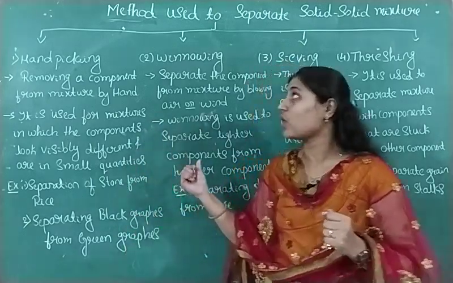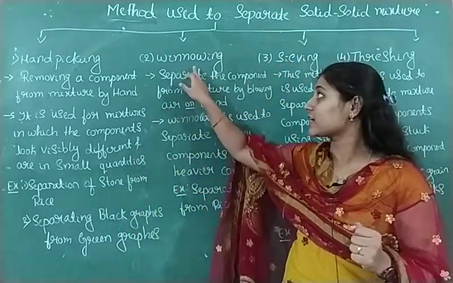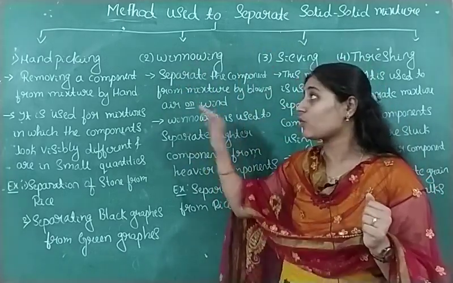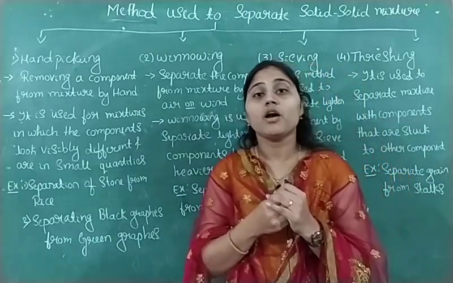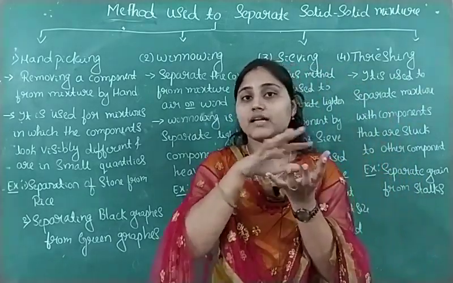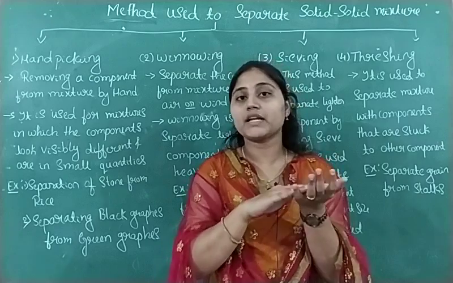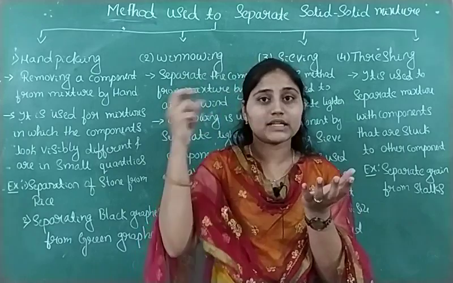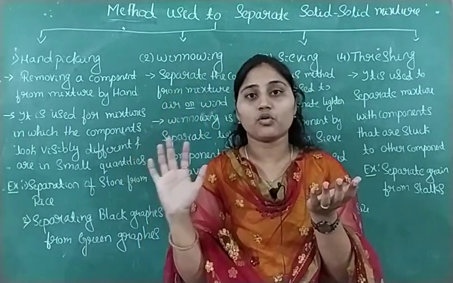So the next method, what? Winnowing. This is the second method used to separate a solid mixture. So here what do we have to use? We are using blowing air. Again, take stone mixed with dust, completely mixed with the dust. Can I use my hand to remove the dust from the rice? No, we cannot.